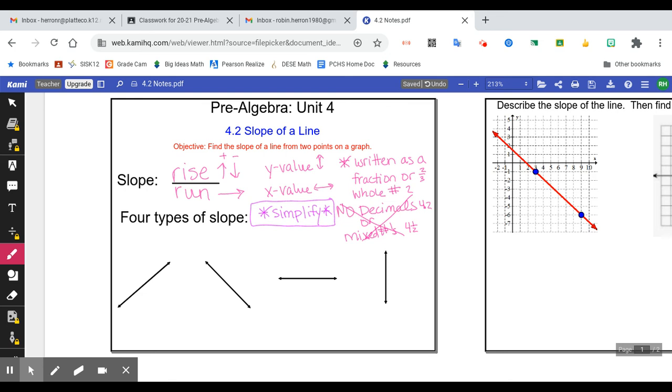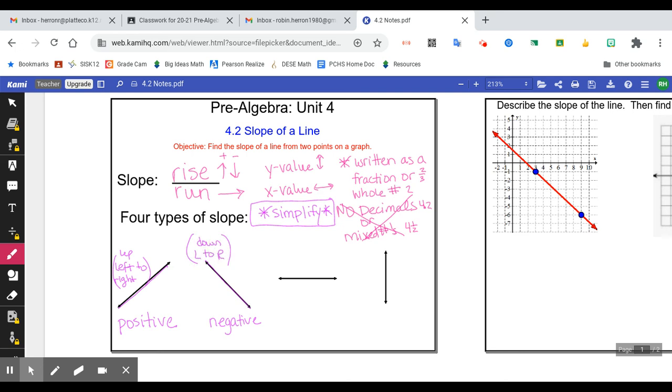So there are actually 4 different kinds of slope. The first one that you see pictured here is positive slope. Positive means that it's going up from left to right, like a word that we read in a book. Left to right going up is positive, which means the exact opposite of that would be negative slope. Negative slope means it's going down from the left to the right.